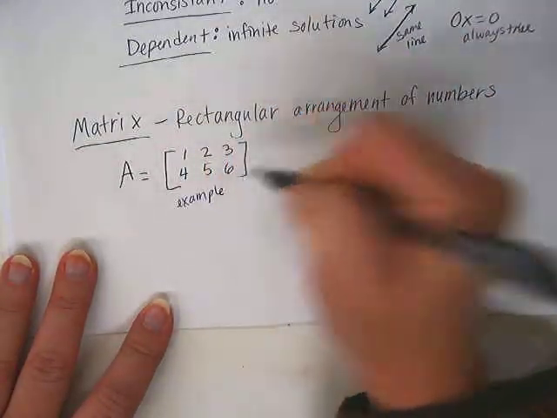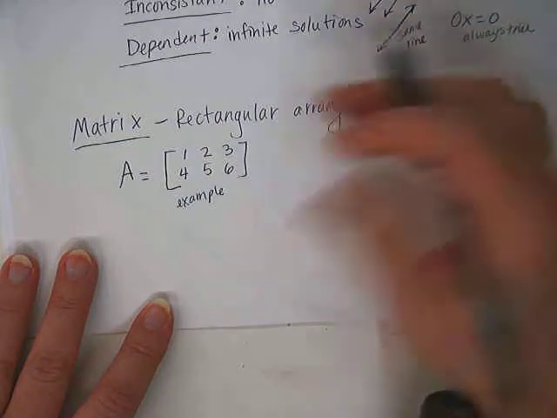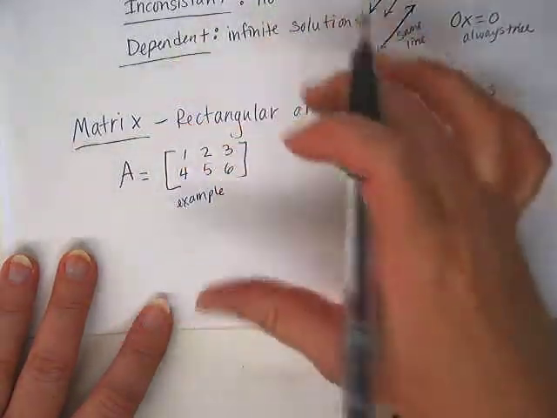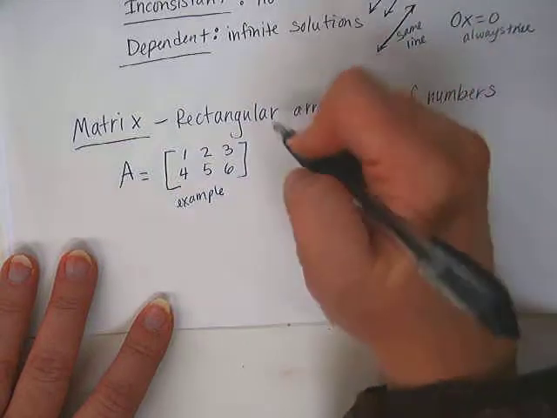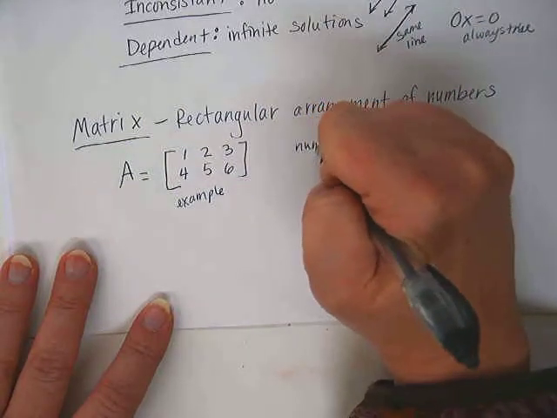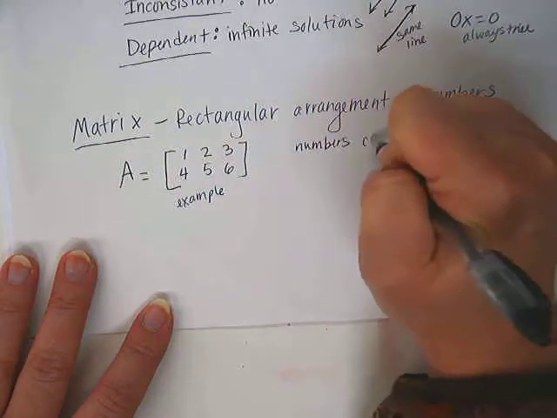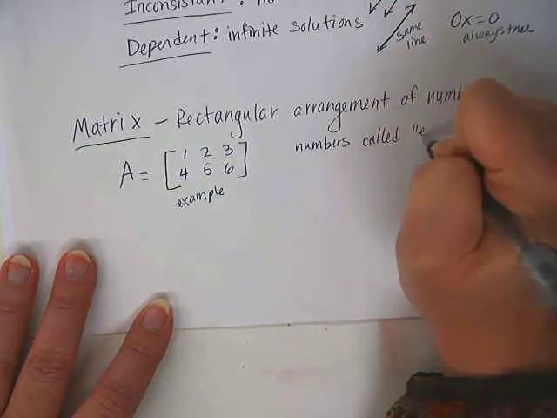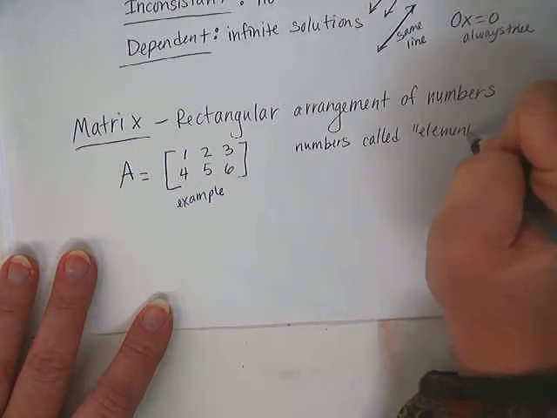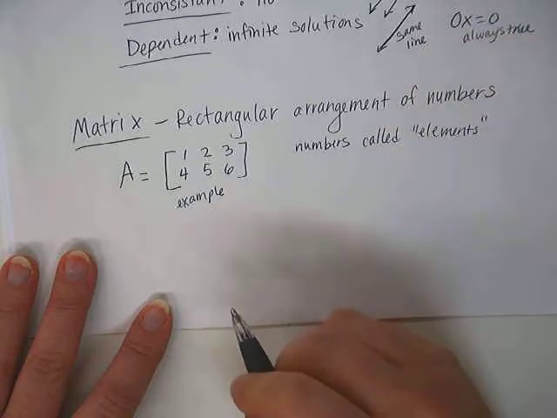Here we go. This is an example of a matrix. We're going to use this example to learn about things, okay? Notice how the matrix is enclosed in brackets. You make the brackets smaller or bigger depending on how many numbers are involved. The numbers in the matrix are called elements.